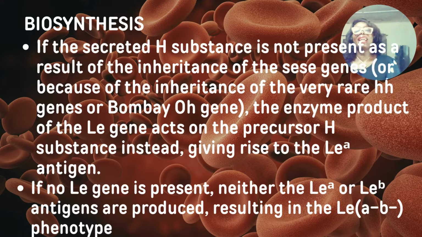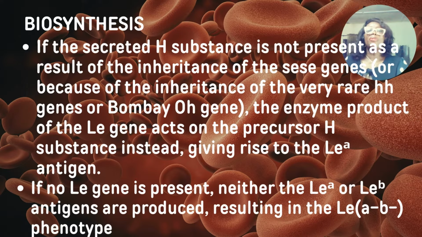So Lewis A antigen is only produced in the absence of the SE gene. When the SE gene is not present and a functional Lewis gene is present, the enzyme produced acts on the precursor substance of the H gene to produce Lewis A antigen.